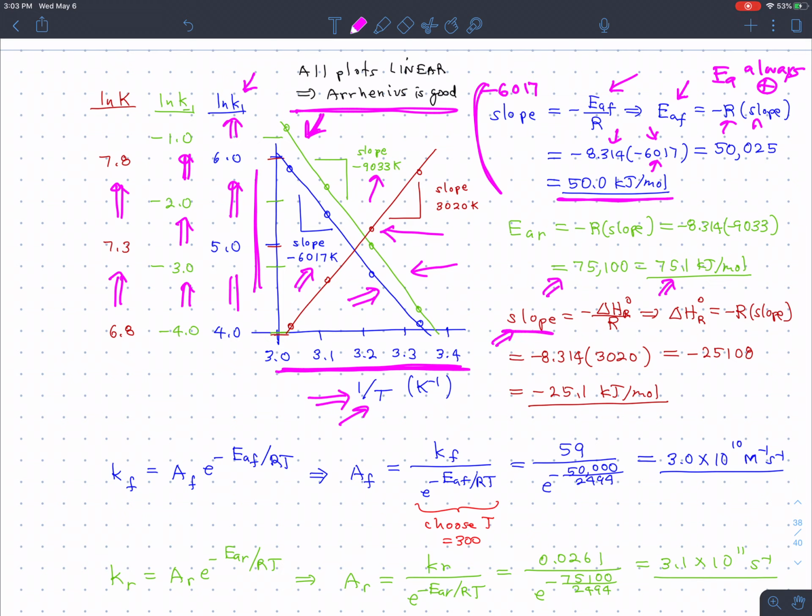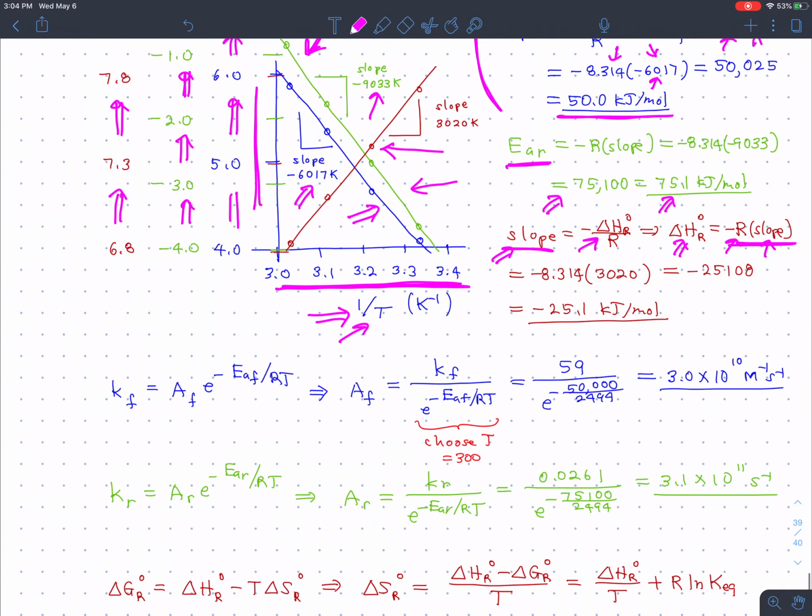The slope for a Van 't Hoff plot is minus delta H of reaction over R. Therefore, delta H of reaction is minus R times the slope. So it's the same calculation as for the activation energies here. It's just that it's a different quantity we're calculating. And multiplying that all out, the slope is 3,020, gives us a delta H of reaction of about minus 25 kilojoules per mole, which is in agreement with what we saw in the raw data, right?